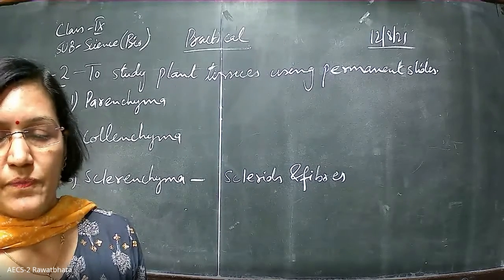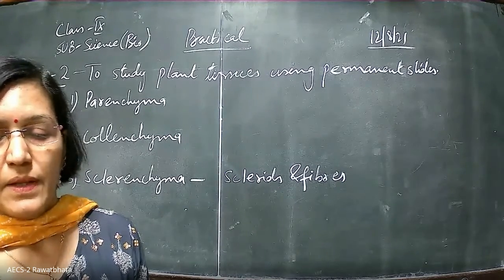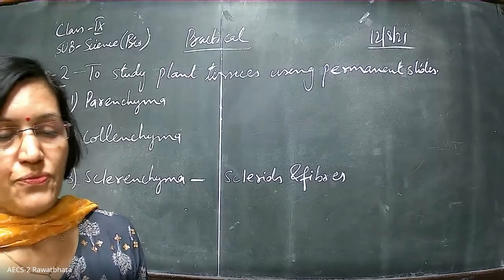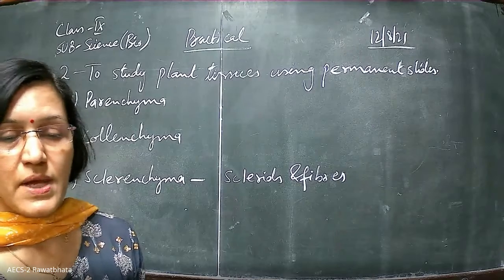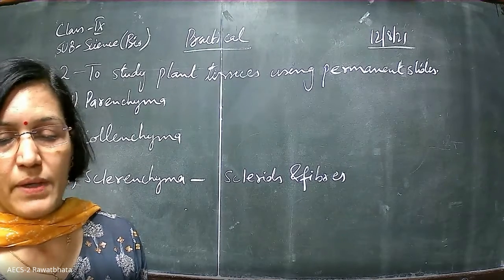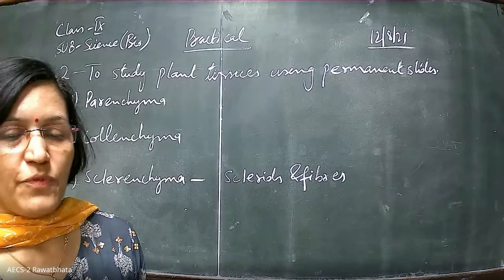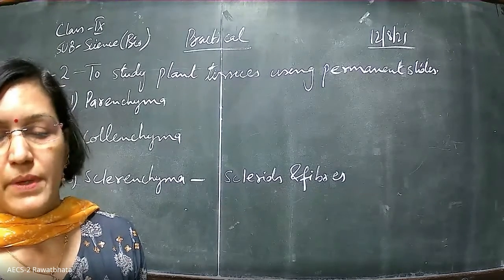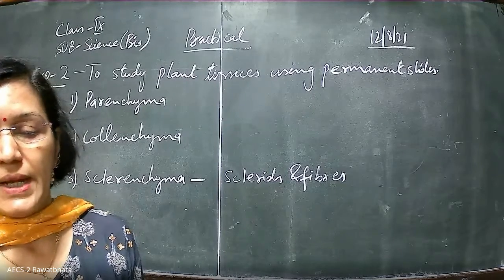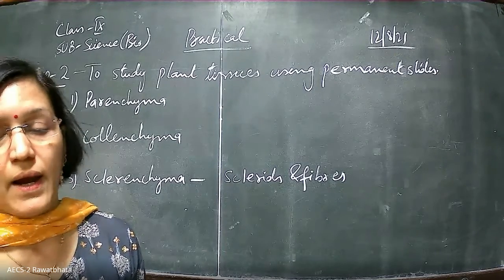And now, let's see a few more snapshots which are going to make us understand. After parenchyma, we are going to take up one more slide of collenchyma, and let's see how it looks under the microscope.